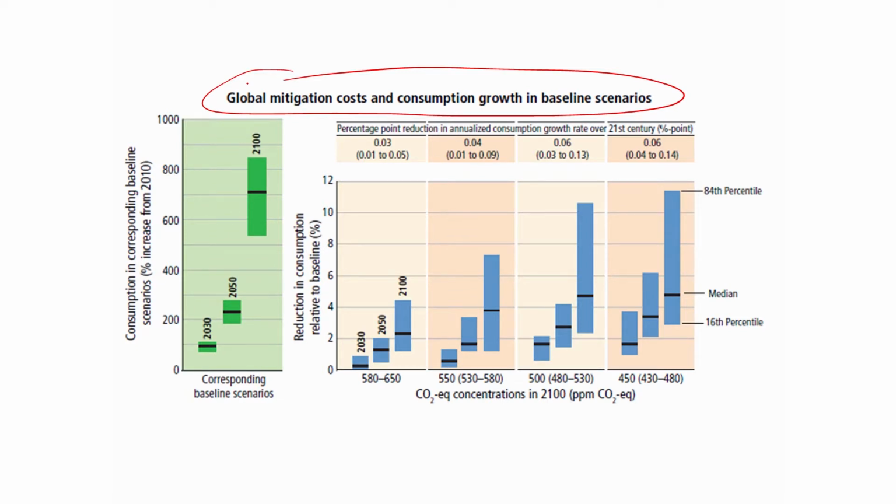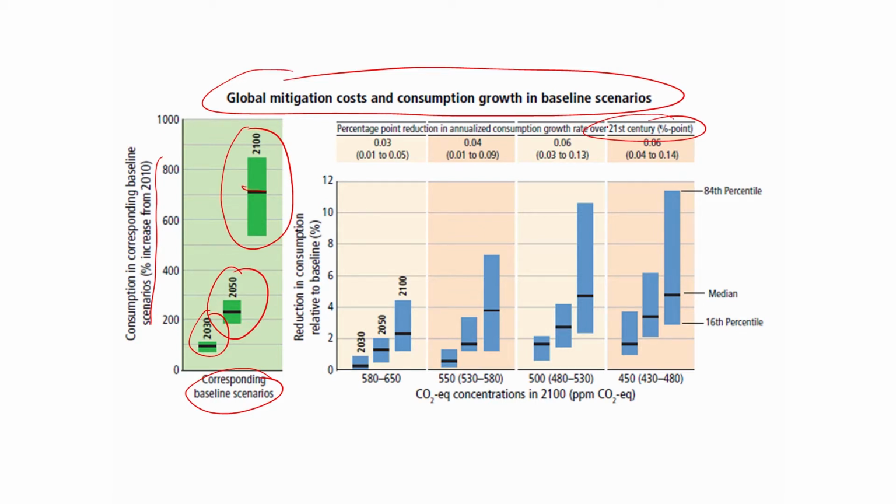As I said, baseline scenarios basically means we let the emissions continue, we don't do much to reduce the emissions. So, here is the consumption in corresponding baseline scenarios expressed as percentage increase from 2010. So, the corresponding baseline scenarios, obviously the consumption goes up. Corresponding to that, with time the consumption percentage also goes up, and this is the percentage point reduction in annualized consumption growth over the 21st century in percentage points.